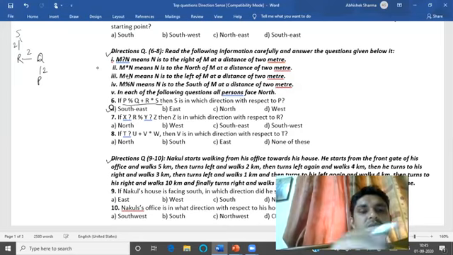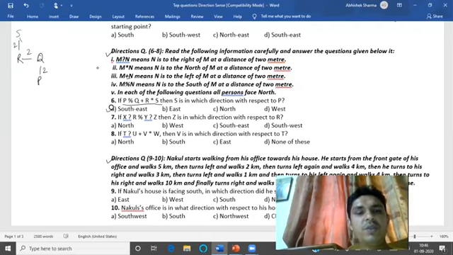Okay. Coming to the second question, the question is X question mark R. The meaning of question mark here is N is to the right of M at a distance of 2 meter.